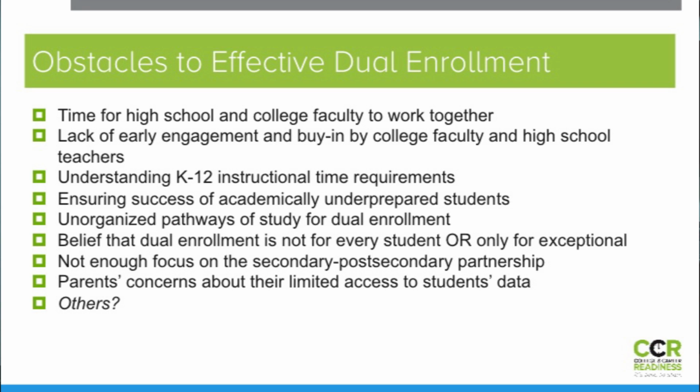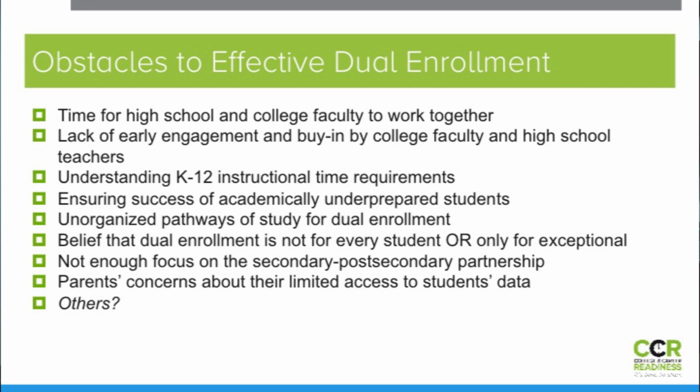Trying to make that work can be really tricky. It can definitely be an obstacle. But again, each of these obstacles really are fixed by creative and innovative thought about putting students first and looking at creative ways to defeat these obstacles, if you will.